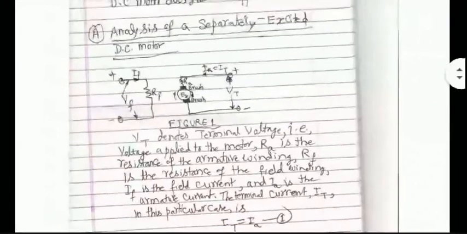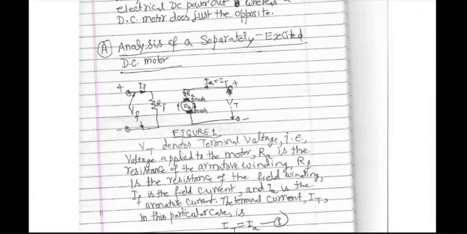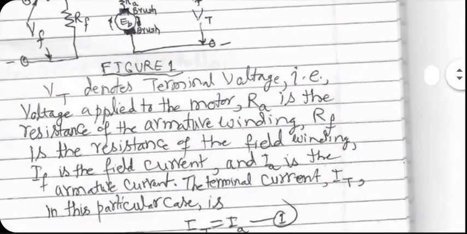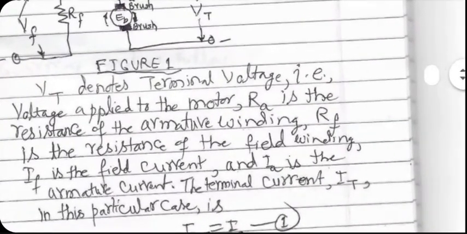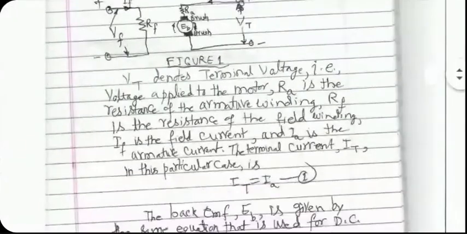For a separately excited DC motor, it is obvious that terminal current is the same as armature current. And field current is obviously Vf divided by Rf. Armature resistance will again be denoted by Ra. There's no change in that. Field winding resistance will be denoted by Rf as usual. And in this particular case, Ia and It are the same. That's what I am writing here.